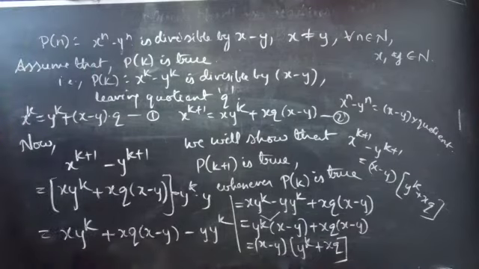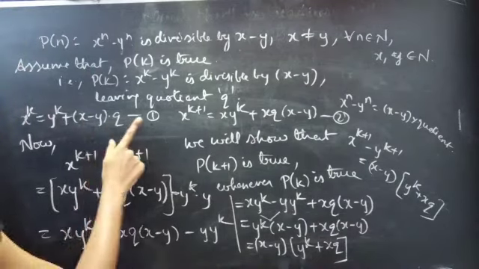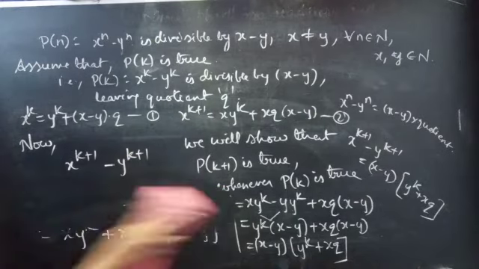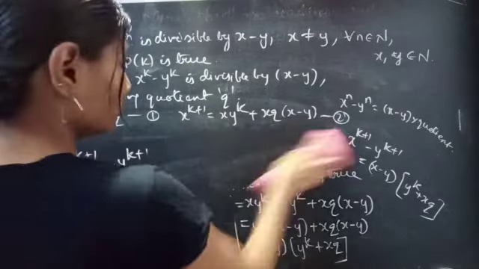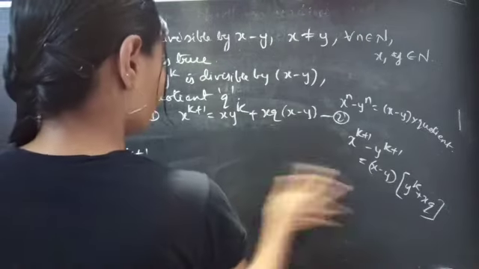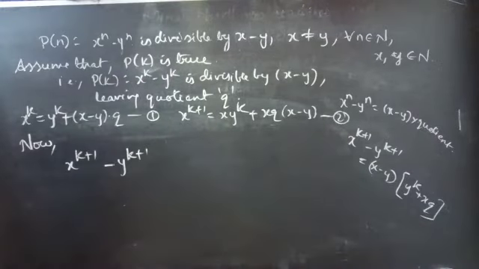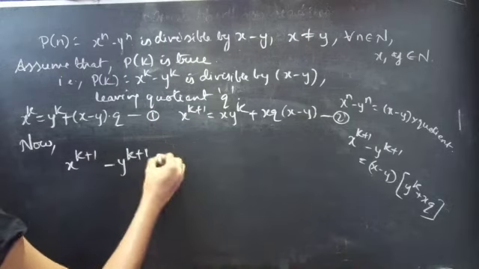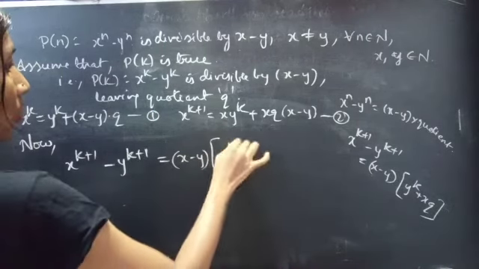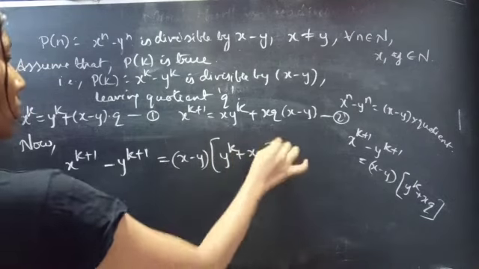Okay, you'll get the same thing using 1 or 2. So x power k plus 1 minus y power k plus 1 is x minus y into y power k plus x cube.